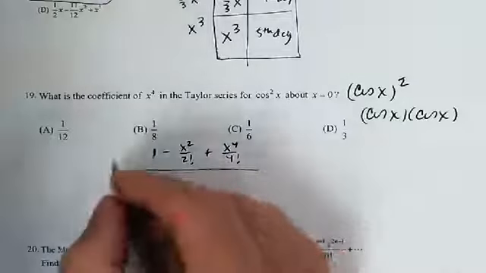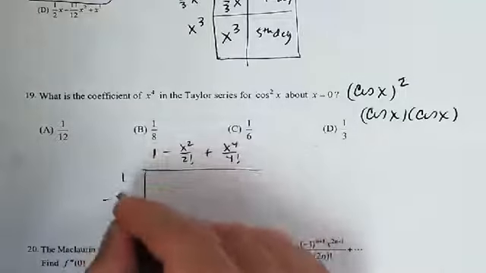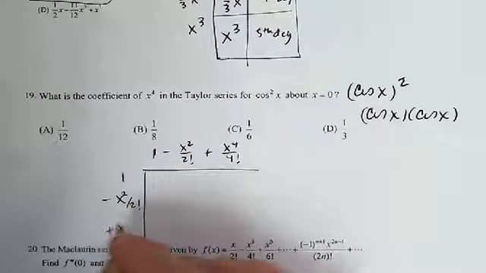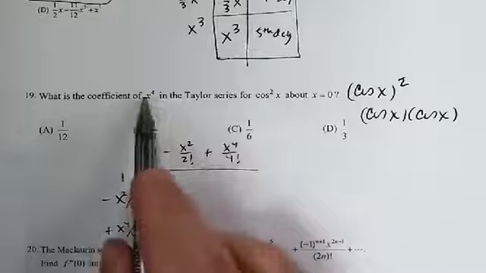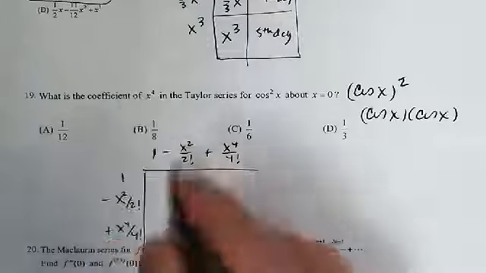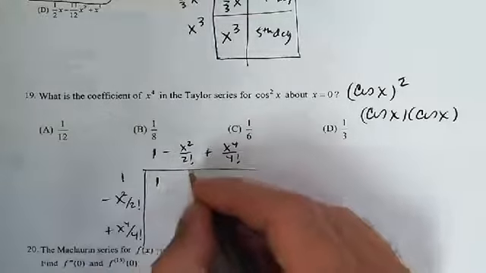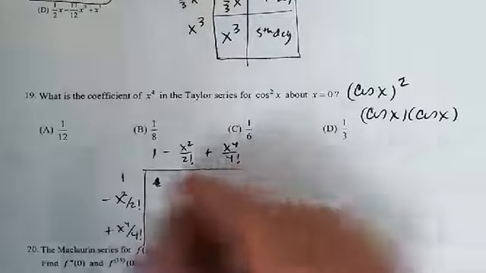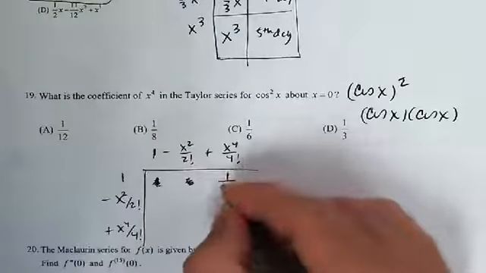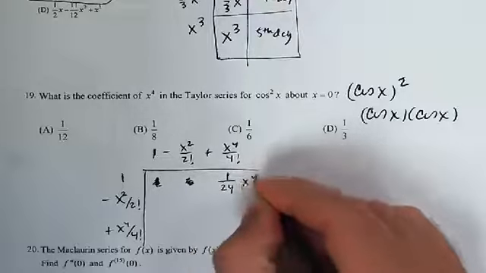So I'm going to set up for this, and I'm only concerned with the coefficient of x to the 4th. So this 1 and this negative x squared over 2, I don't really care about. Right? All I care about is x to the 4th. So 1 over 24 x to the 4.